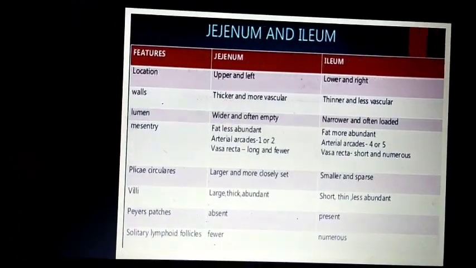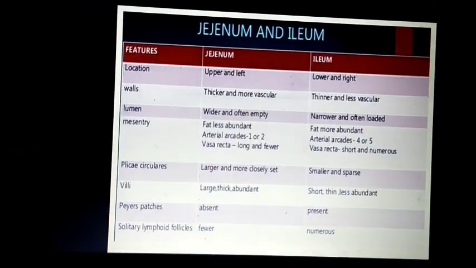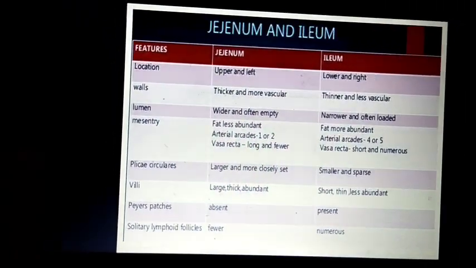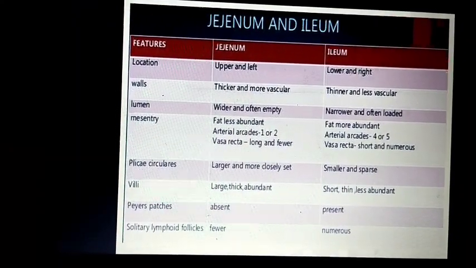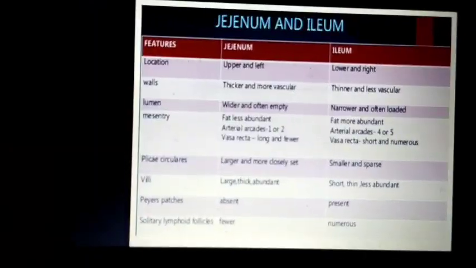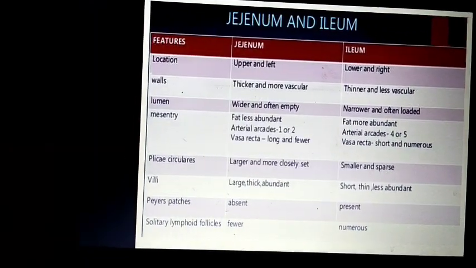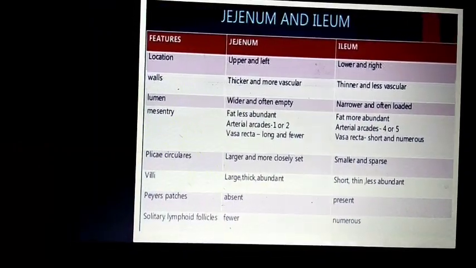Arterial arcades are 1 or 2 in the jejunum, compared to 4 to 5 in the ileum. Vasa recta are long and fewer in the jejunum, short and numerous in the ileum. Plicae circulares are larger, bigger and more closely set in the jejunum, small and sparse in the ileum.